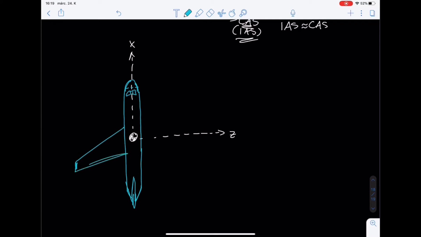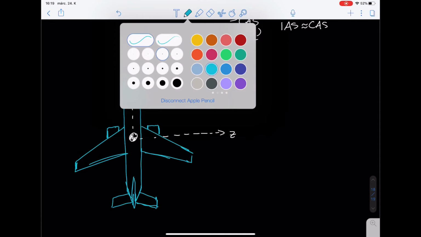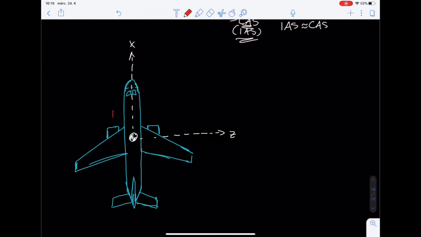It has swept wings. It doesn't really matter from this perspective. Okay, so here you have a nice little airplane with the two engines. So when we talk about the thrust, all engines operating, we're basically referring to the sum of the thrust forces acting on both engines.